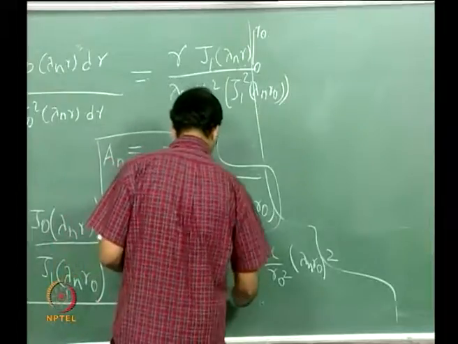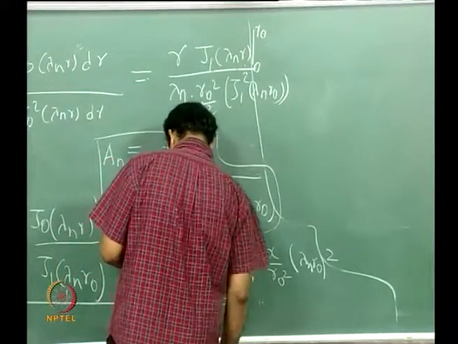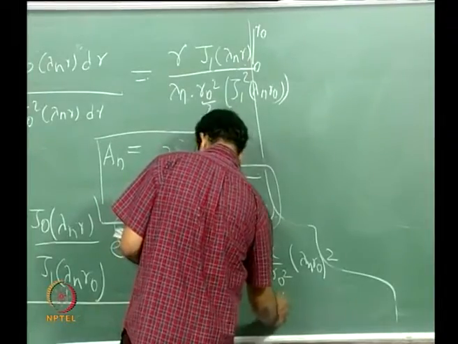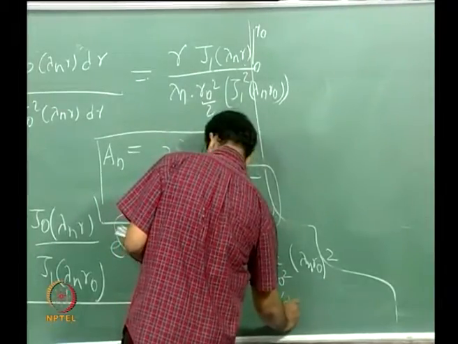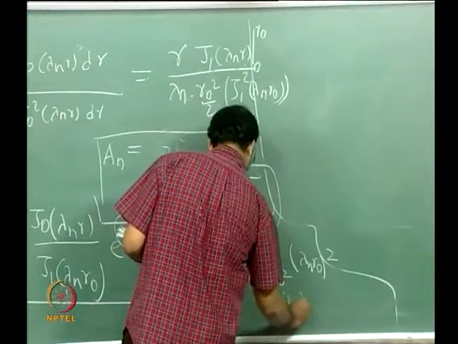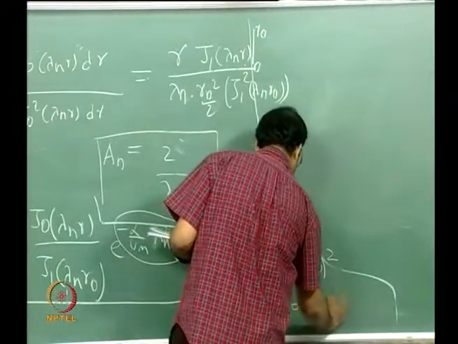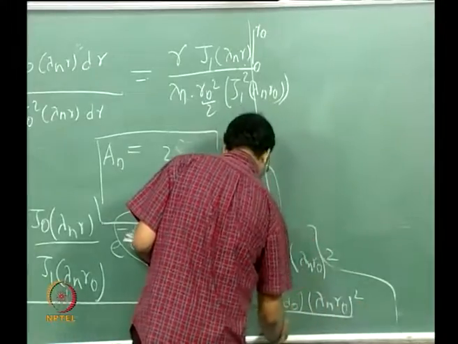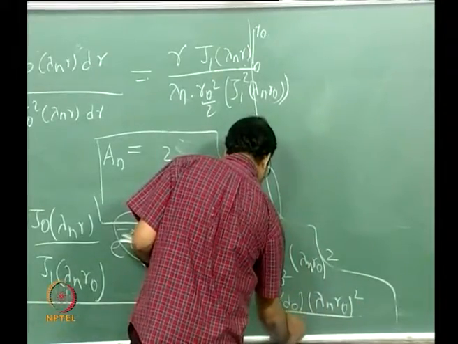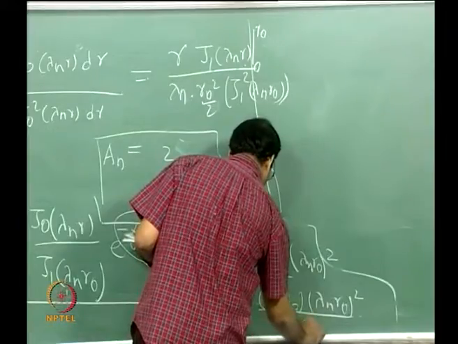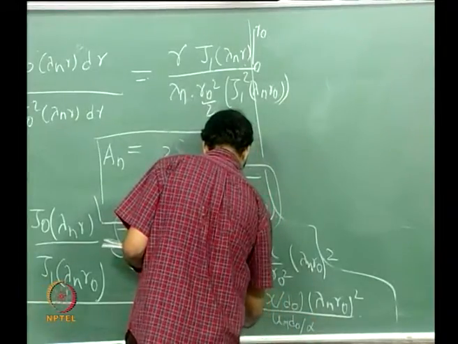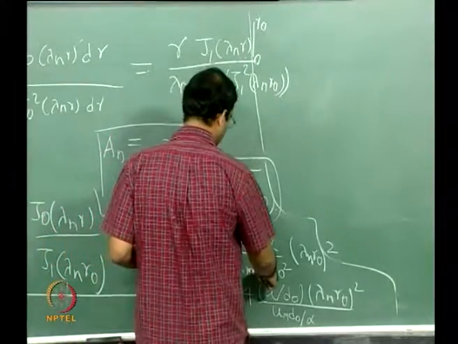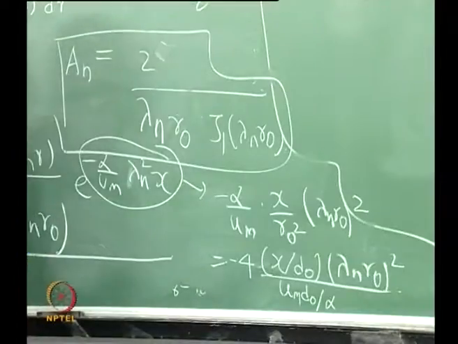I am also going to rewrite this a little bit, so I can write this as x by d naught into alpha n r naught the whole square divided by d naught by alpha, that is a factor of 4. So this r naught square I have replaced by d naught square by 4.